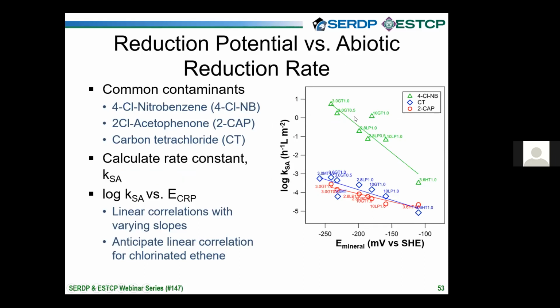So you can see, despite a couple of outliers here and there, overall a linear correlation exists for all three different classes of contaminants. This is really encouraging because if the linear correlation between the rate constant and reduction potential is universally applicable for different types of contaminants, we can anticipate there's a linear correlation for chlorinated ethenes as well.